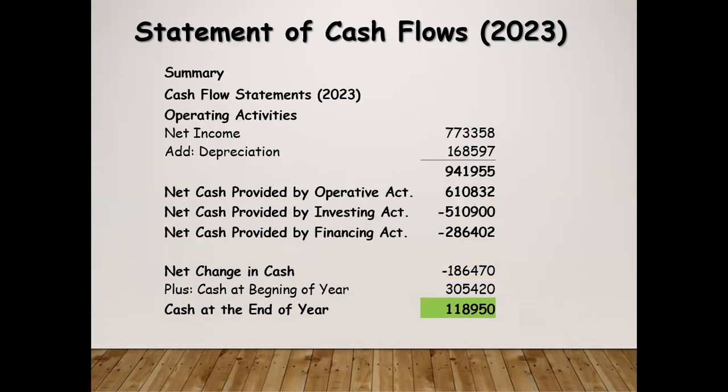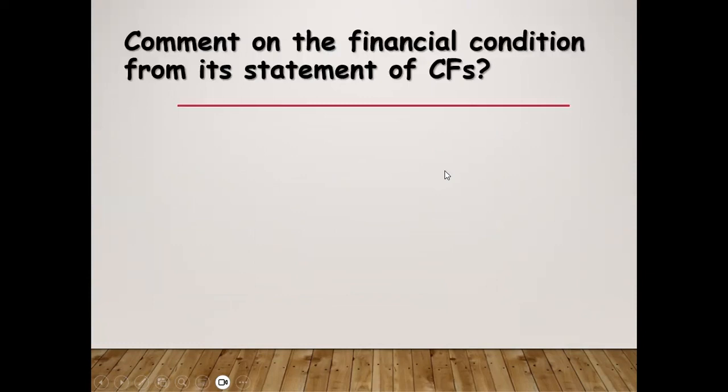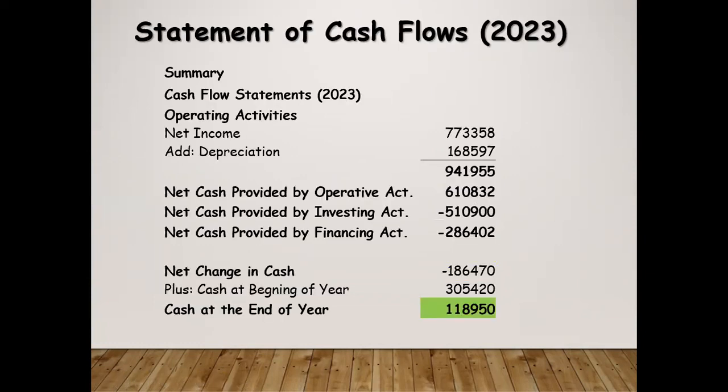Here we have developed the summary. First of all, operating activity: net income plus depreciation, net cash provided by the operating activity, net cash provided by the investing activity, net cash provided by the financing activity. The net change in cash is calculated if you add all the figures: 94,195 and 9,552 minus 286,402.